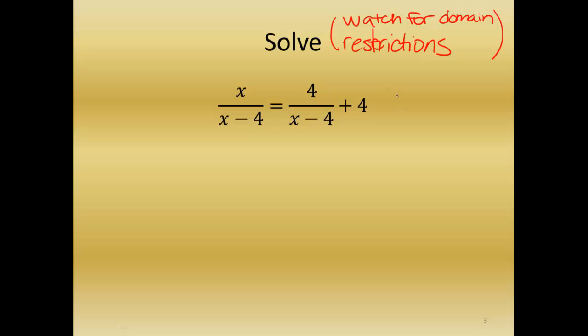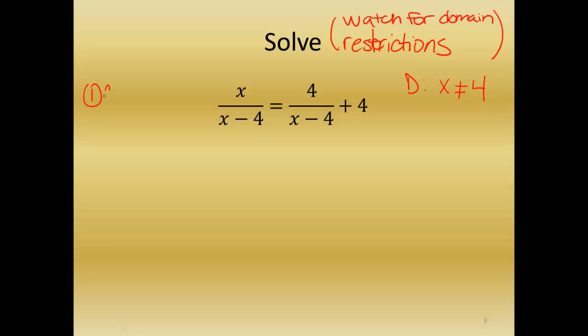In this case, our domain restriction is all real numbers, but x cannot equal 4. That means if at the end of this problem I get a value of x equals 4, I really can't use it. So once you figure out that domain restriction, go ahead and solve the problem like normal, but just keep this in the back of your mind.